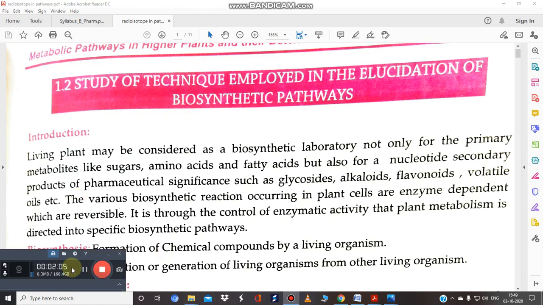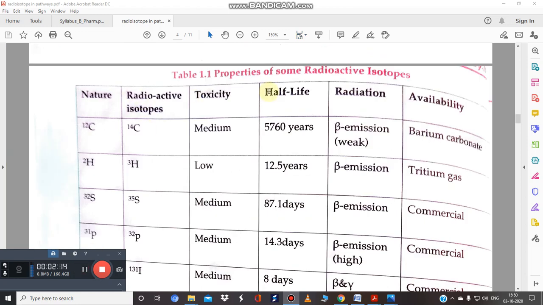So let's see which types of radioisotopes are involved in the monitoring of our biosynthetic pathways. Here are some examples of the commonly used radioactive isotopes. In nature carbon exists in this form, but as a radioactive isotope we use 14C.